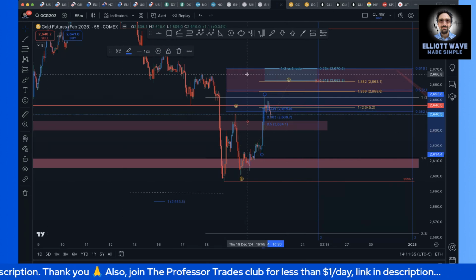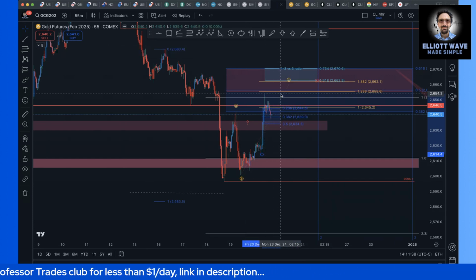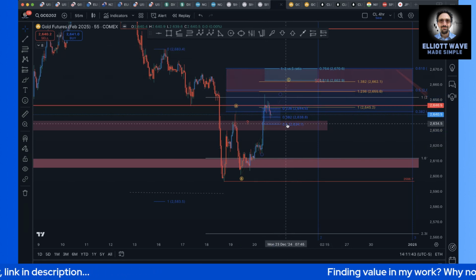Let me clean this up. 2653.80. All right, so these blue fibs are where you would expect to see a wave 4.